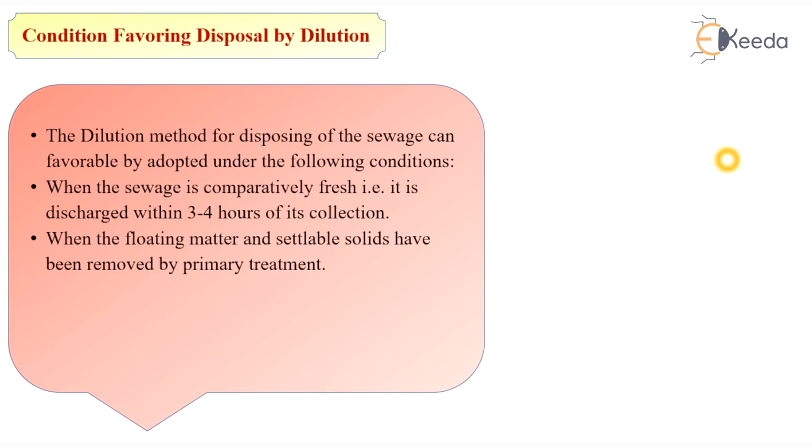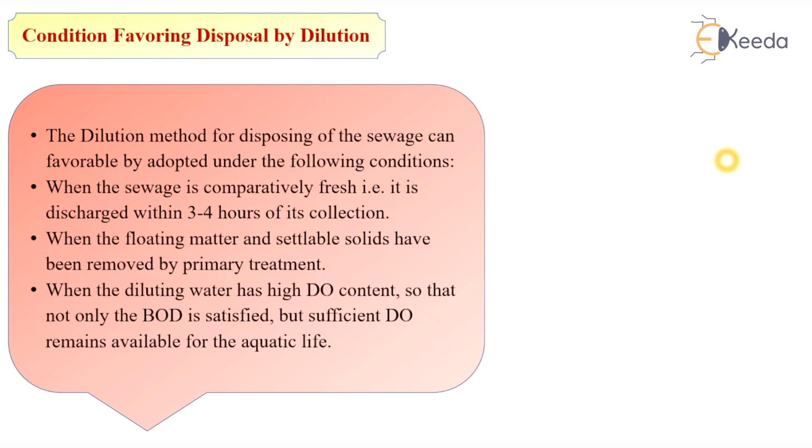When the floating matter or settleable solids have been removed by primary treatment. So before discharging the sewage into the natural water body for its self purification, primary treatment is a must. We should provide primary treatment like screening or grit chamber for removal of floatable and heavy, settleable particles.